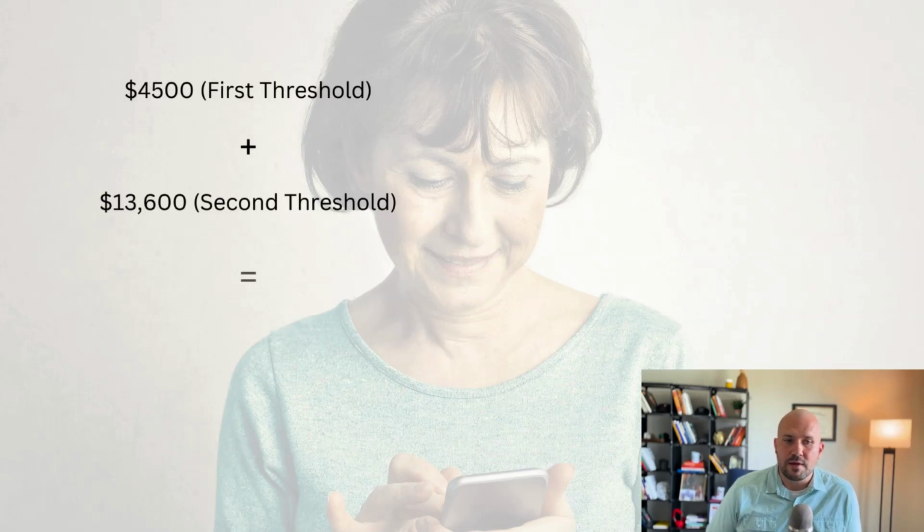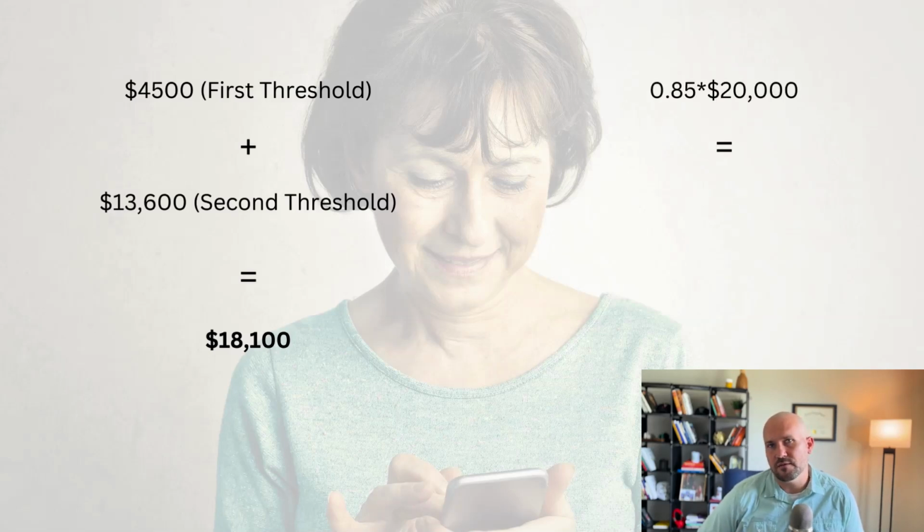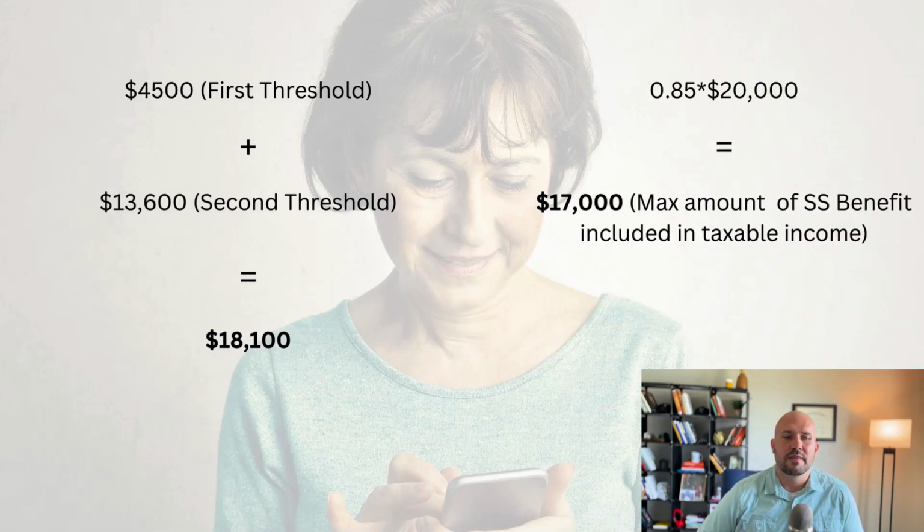What we then do is add these figures together, and it's over $18,000. But since this total number is over the 85% threshold, remember that up to 85% of your benefits would be included in your taxable income. So we can take 85% of the $20,000 figure, and that's $17,000 of her $20,000 benefit that would be included in her taxable income from Social Security.